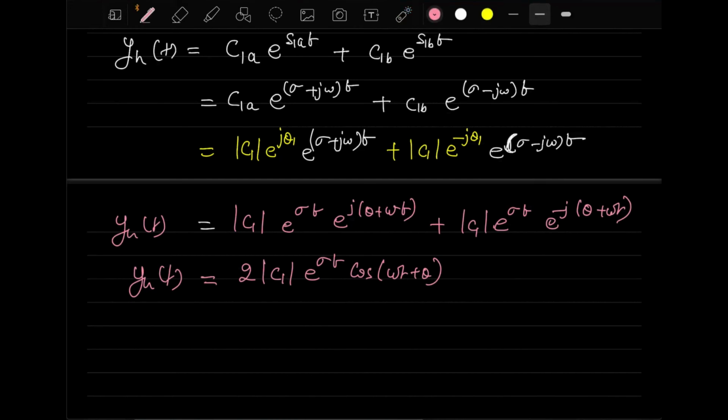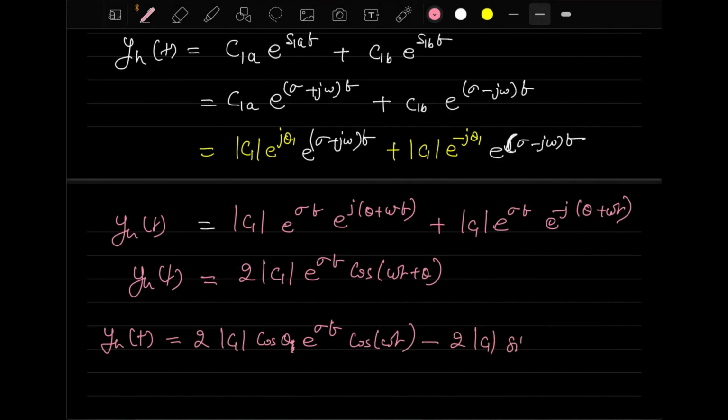Once you do that, the second way of writing this same expression will be 2c1 cos theta e to the power sigma t cos omega t, minus 2c1 sin theta e to the power sigma t sin omega t.